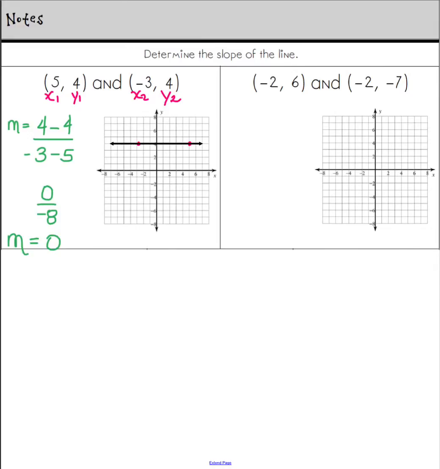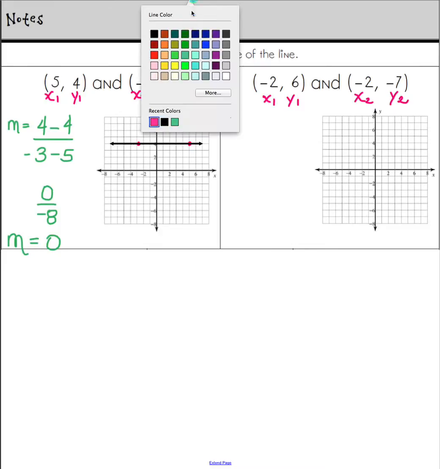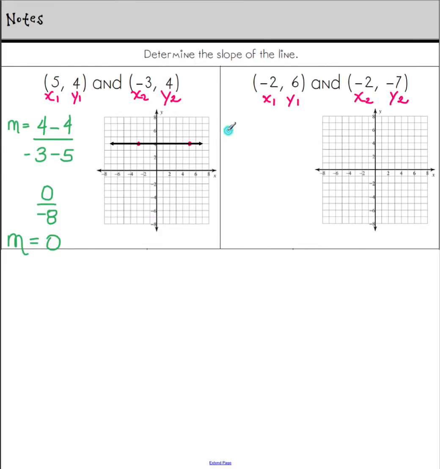So let's look at the last one that we're going to do together. So if we have (-2, 6), that would be our x sub 1 and our y sub 1, and x sub 2, y sub 2. Plug these into the formula. So our y sub 2 is negative 7, minus our y sub 1, which is 6, divided by x sub 2 of negative 2, minus our x sub 1 of negative 2.